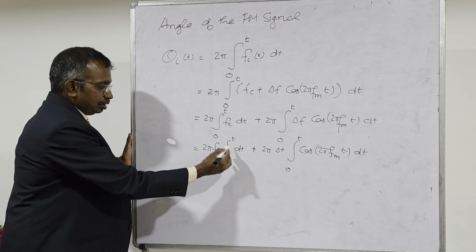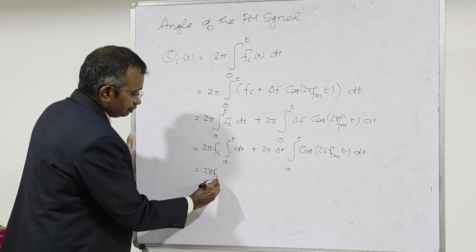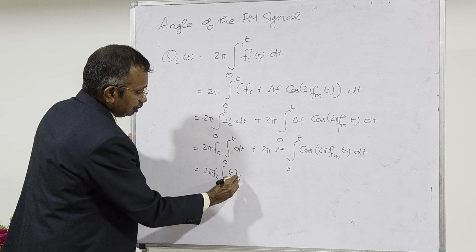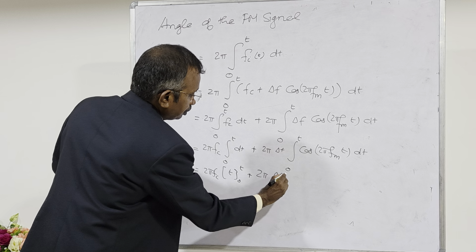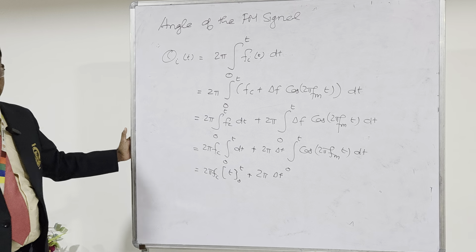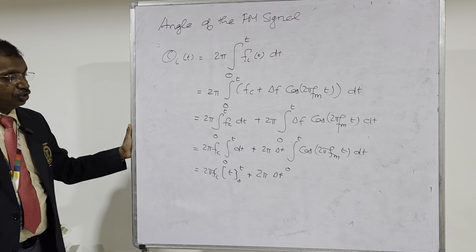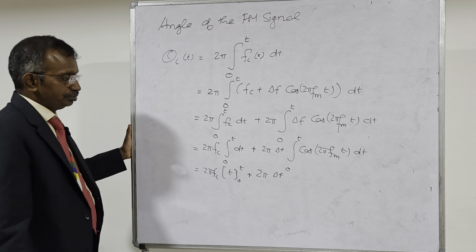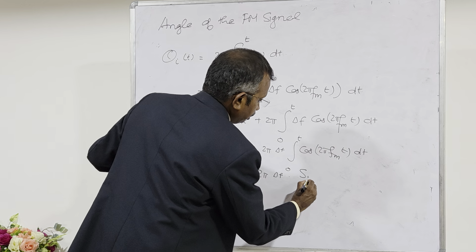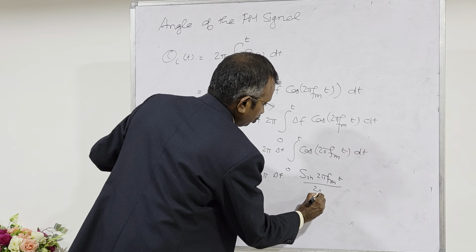Then integral of dt is t, so that I have 2 pi fc into t from 0 to t, plus 2 pi del f, and the integral of cos 2 pi fm into t will be sin 2 pi fm into t by 2 pi fm.